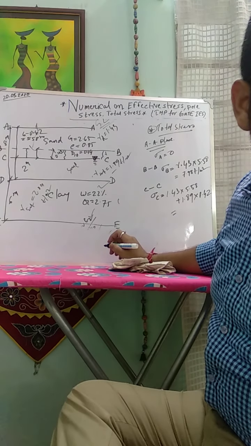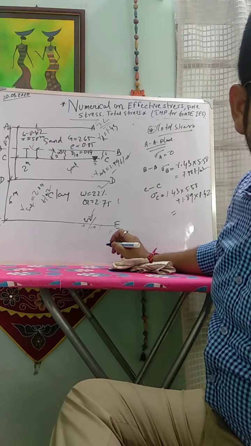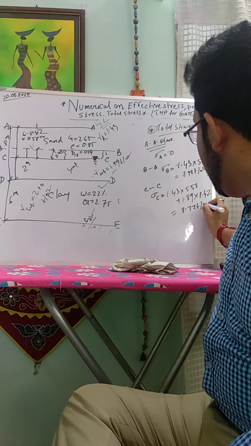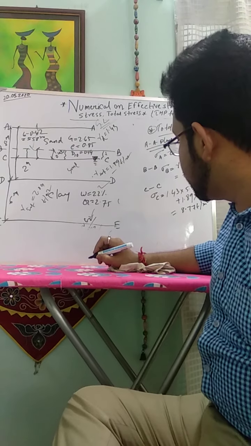Sigma C equals 8.77 ton per meter square.